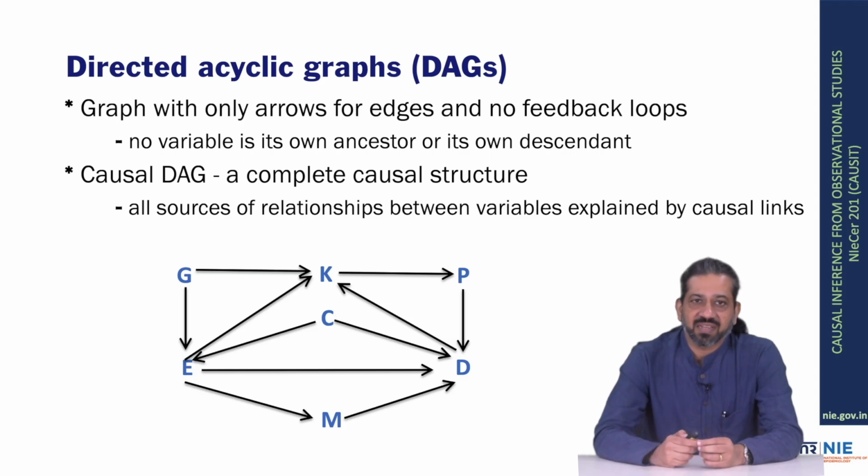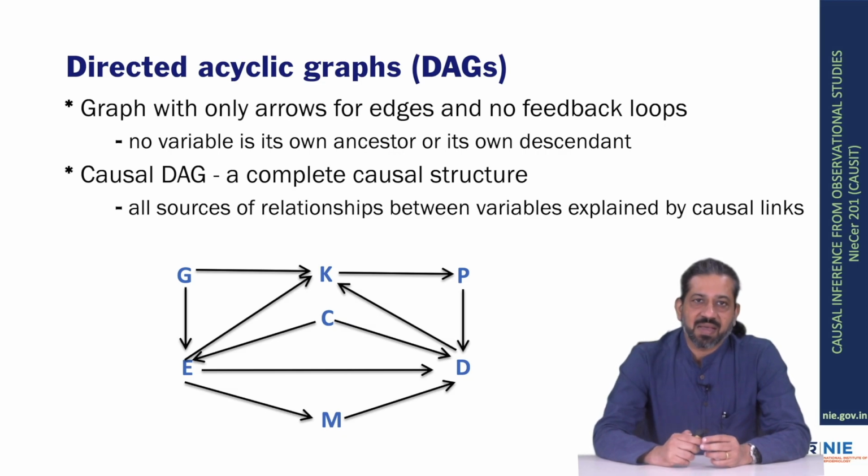Causal directed acyclic graphs, or DAGs for short, represent a complete causal structure in that all sources of dependence or association are explained by the causal links between various variables. In particular, all the common or shared causes of variables in the graph are also shown in the graph.